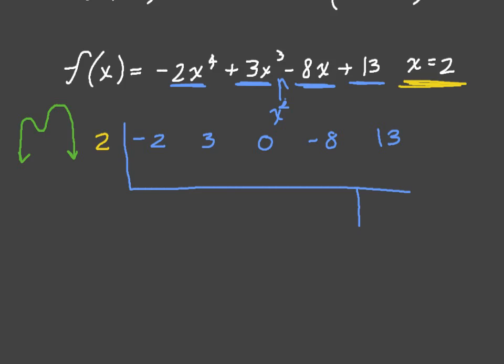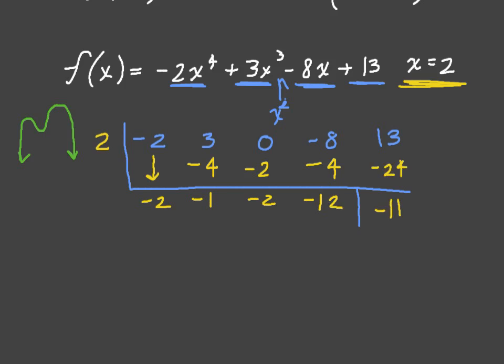Alright, so hopefully you tried this on your own. Remember, you bring down the first number, multiply by the number outside, so negative 4, add, you get negative 1, multiply, you get negative 2, add, negative 2, multiply, you get negative 4, add these, you get negative 12, multiply, you get negative 24, and then add them and you get negative 11.